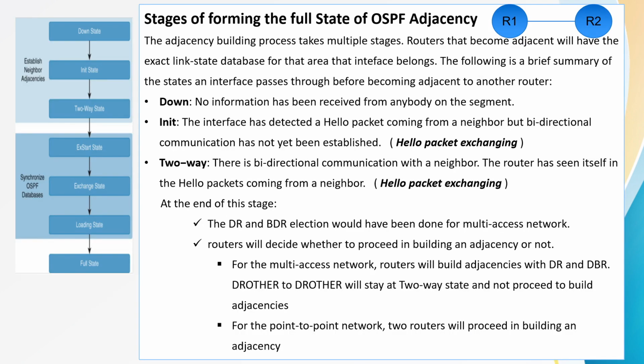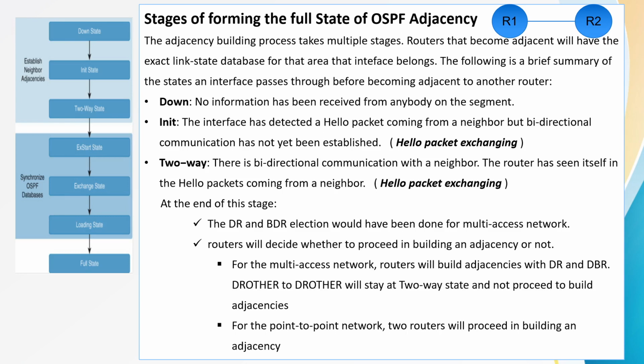Lastly, we talk about the stages of forming the full state of the OSPF adjacency. The adjacency build process takes multiple stages. Routers that become adjacent will have exactly the same link state database for the area that the interface belongs to.